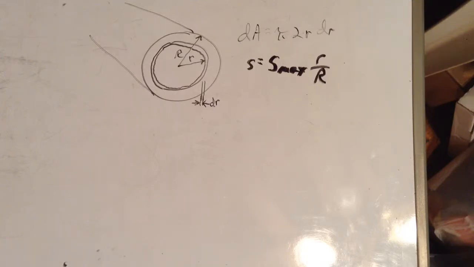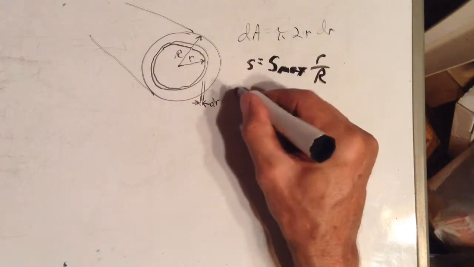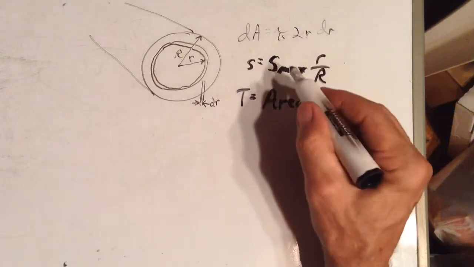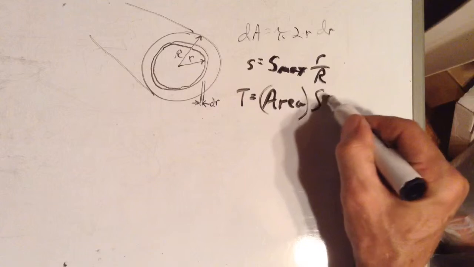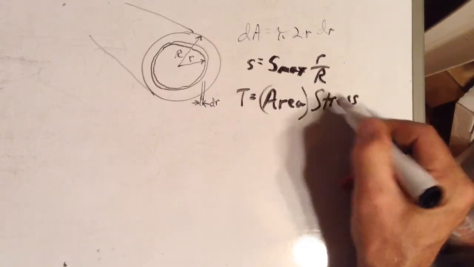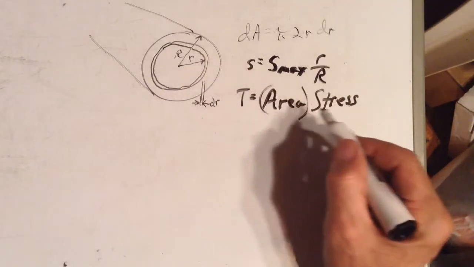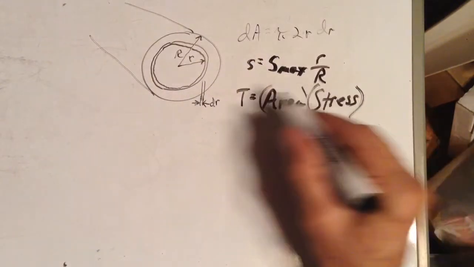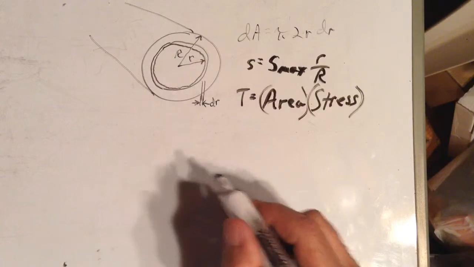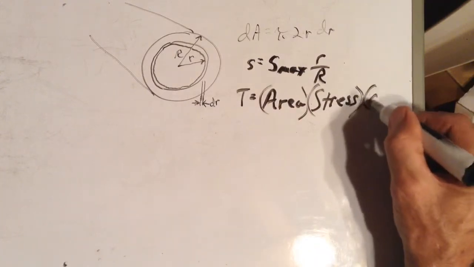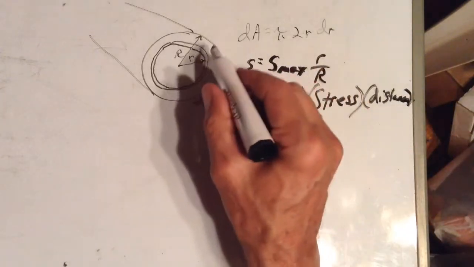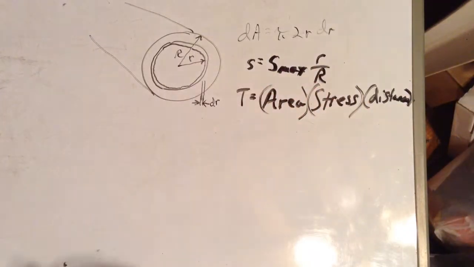Therefore, we can say torque equals area times the stress. This little incremental amount of torque of our ring is equal to our incremental area, dA, times our stress there at the sliver, times the distance from the sliver to the center.